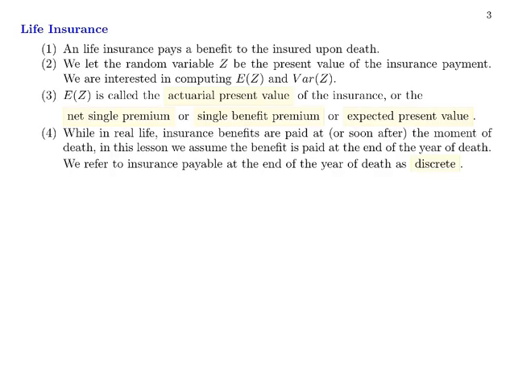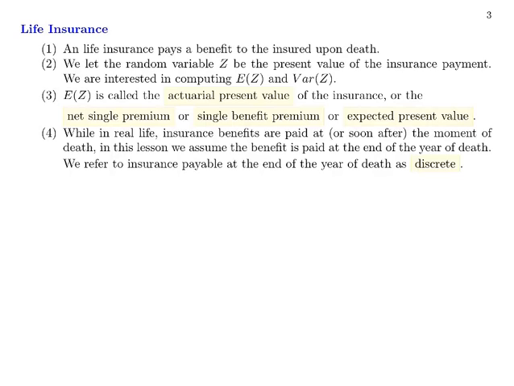Whereas in interest theory you always knew exactly when these payments were going to occur, here you don't. And so the present value is really a random variable, and what we're interested in computing is the expected value of the random variable. We'll use Z in general to denote the random variable that's the present value of the insurance payment.